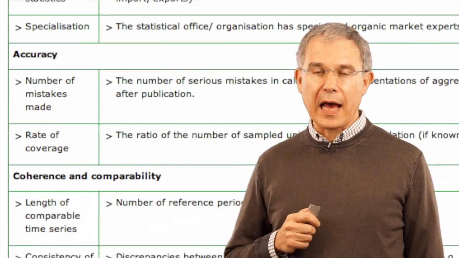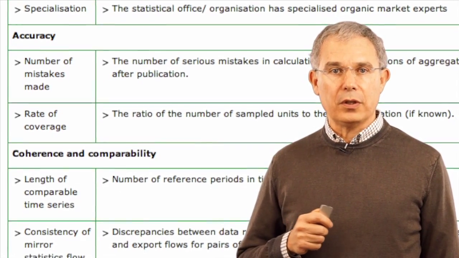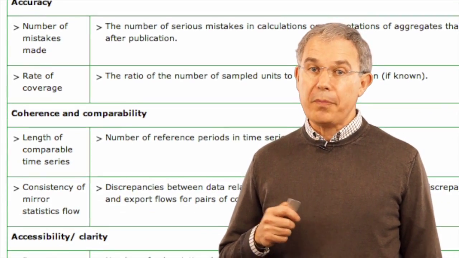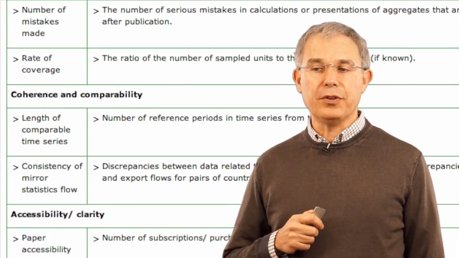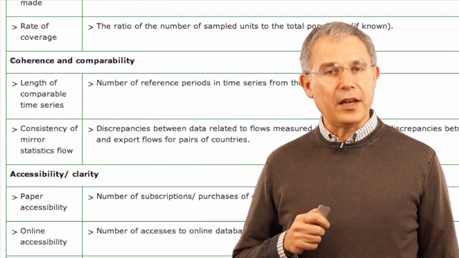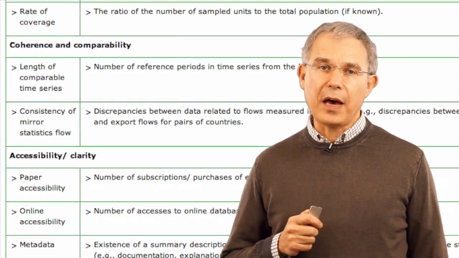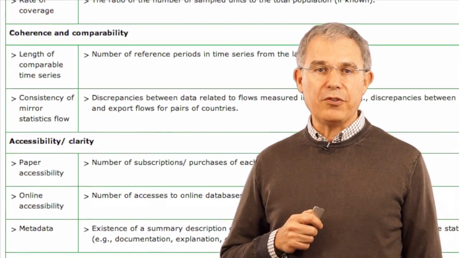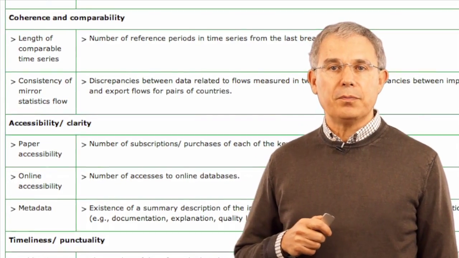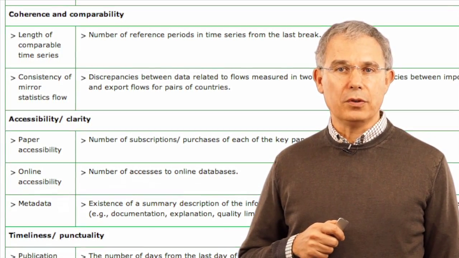Again, if the data are not accurate, then the decision can be very inaccurate too. Data should be comparable across time and different countries. Data should be coherent and easily accessible and clear. And finally, the data should be published in time, and they should be published at a regular point of time throughout the years.